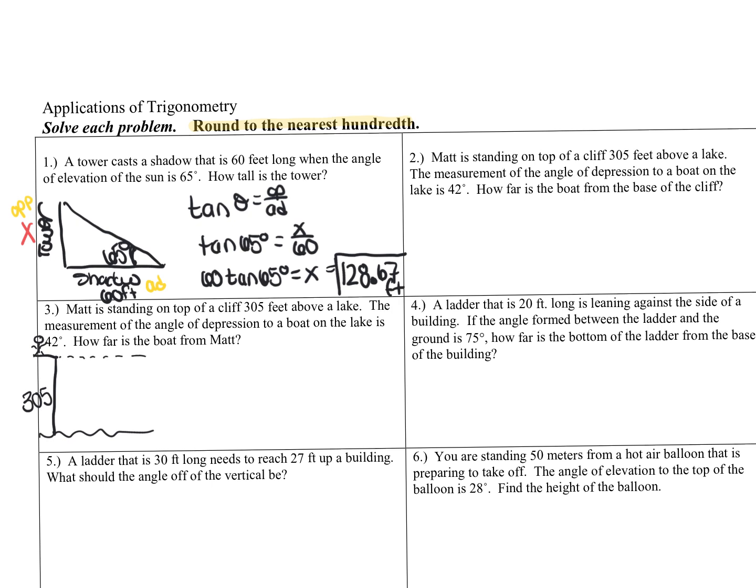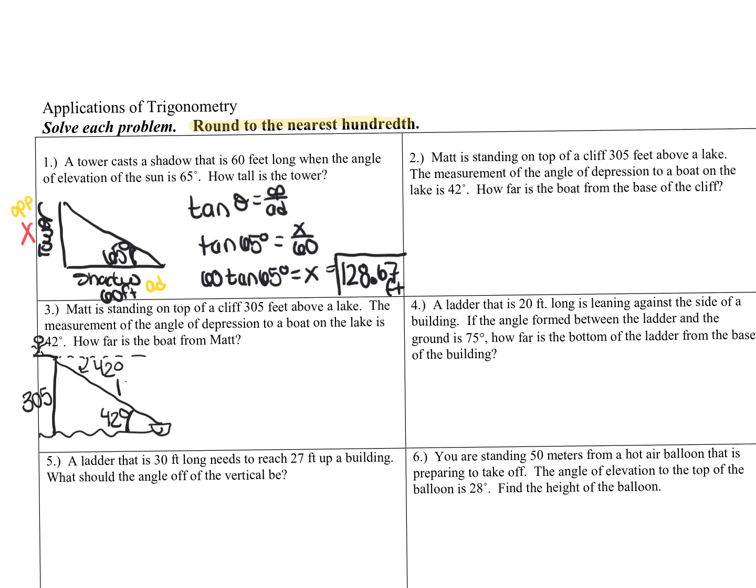So remember, angle of depression comes down this way. Don't judge, here's my boat. Nice little boat. It says the angle of depression is 42 degrees. So if this is that angle, then that's the angle in my triangle, 42 degrees. And then it asks how far is the boat from Matt?